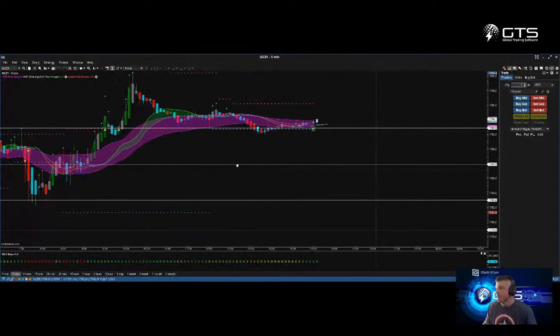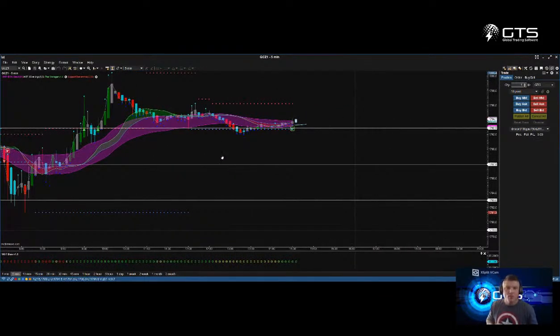Remember, if you get one on multiple time frames, that's always something you need to pay really close attention to. But the fact that the metals pit is closed and there's almost no volume right now is definitely a reason not to get into this trade.